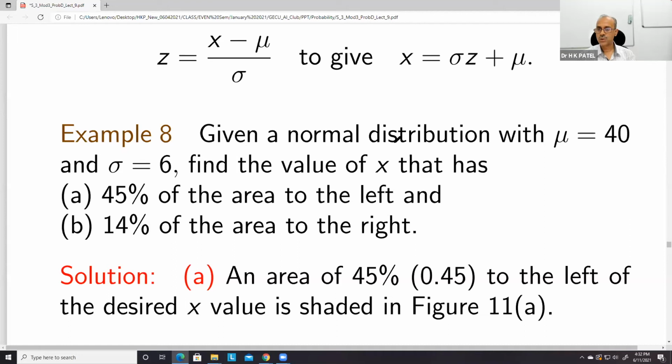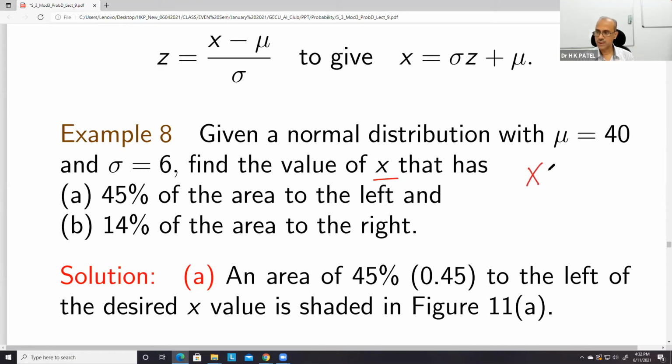So given a normal distribution with mu 40 and sigma 6, find the value of x that has 40% of the area to the left and 14% of the area to the right. So the first case is we have to find x.